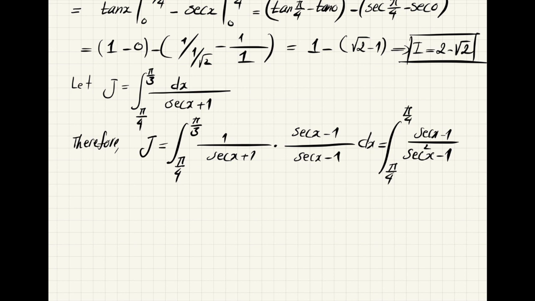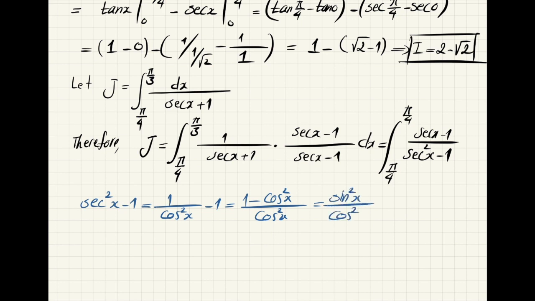But I think you might remember that secant squared x minus 1 is 1 over cosine squared x minus 1, which can be written as 1 minus cosine squared x divided by cosine squared x after taking the common denominator, and the numerator now becomes sine squared x divided by cosine squared x. But this is nothing except tangent squared x.